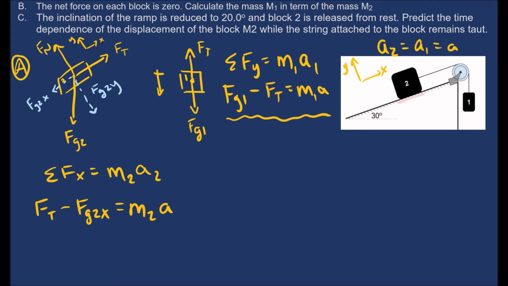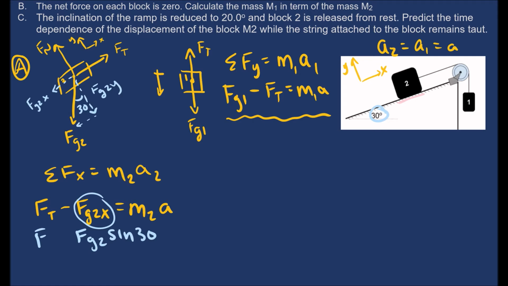If you recall from other examples, if we know that this angle right here is 30 degrees, that means this angle right here would be 30. And that means that the force of gravity in the x direction is going to be the sine of that angle. So FG2 sine 30 is going to be our FG2x.